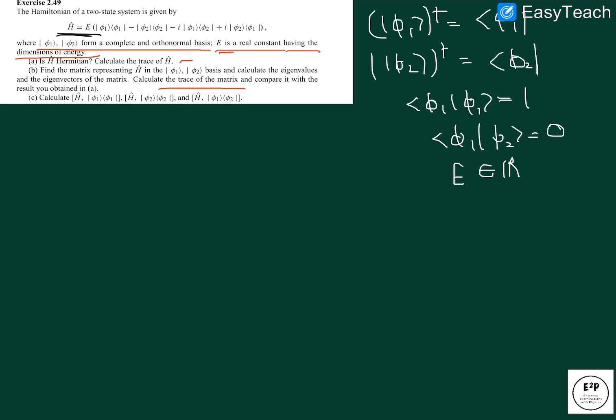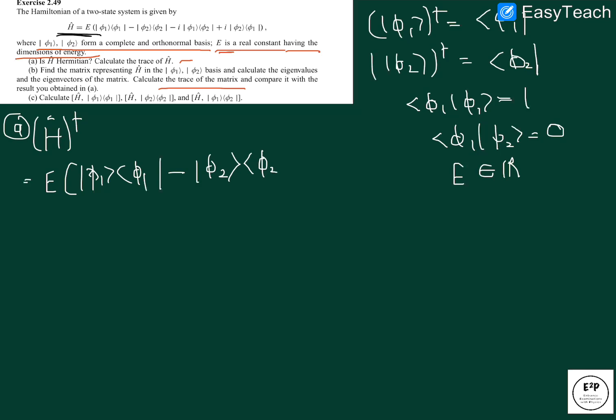Now to see if H is Hermitian, we will first calculate H dagger, that is E times phi 1 minus phi 2 minus i phi 1 phi 2 plus i phi 2 phi 1.